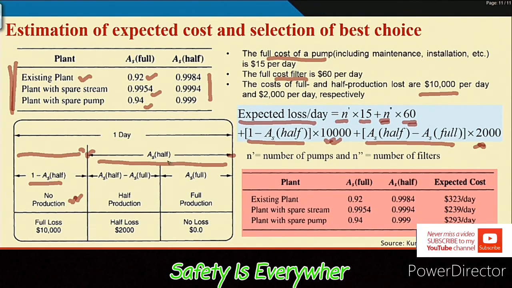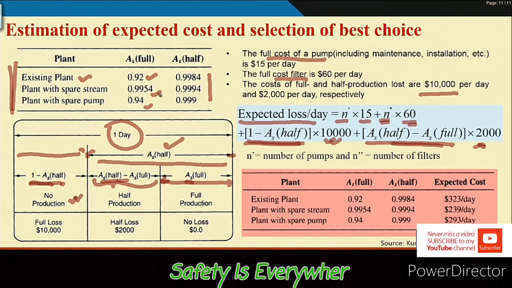So this can be divided again into two parts: one is full production, and the remaining one will be only half production. If I sum up full production and this part, that is nothing but AS half. Again, if we sum up this plus this, that is nothing but 1. So these are the situations, that is what is written here. You see, for no production the loss is 1 minus AS half into loss, for half production it is AS half minus AS full, that is written here. Using this formula, the probabilities and availabilities are known.